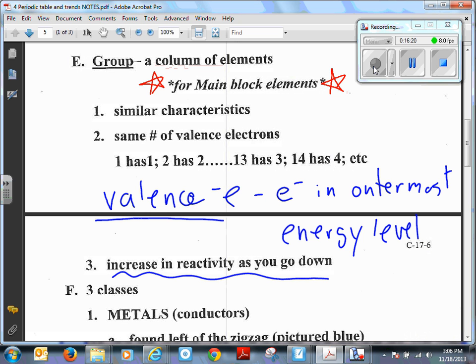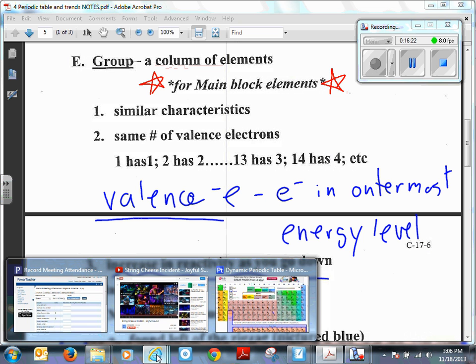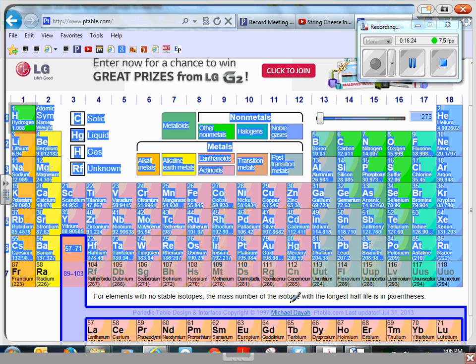So if you look at this here, that would not always be the case. So it increases in reactivity.